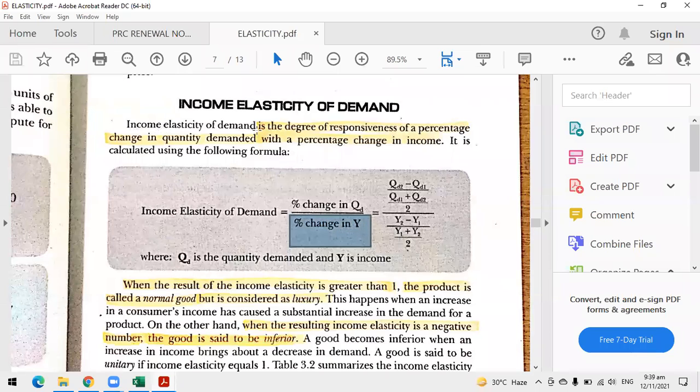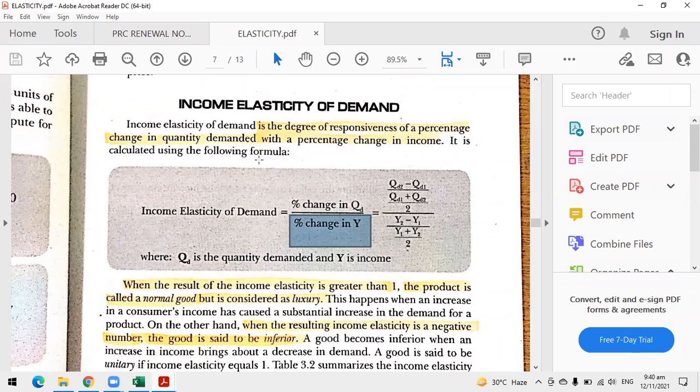So income elasticity of demand is the degree of responsiveness of a percentage change in quantity demanded with a percentage change in income. Meaning, if nagkaroon ba tayo ng percentage increase in income or decrease in income, gaano yan nakaka-apekto sa demand natin.